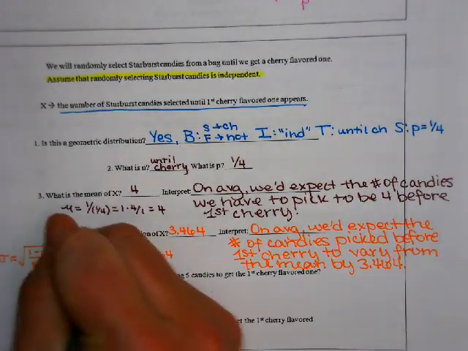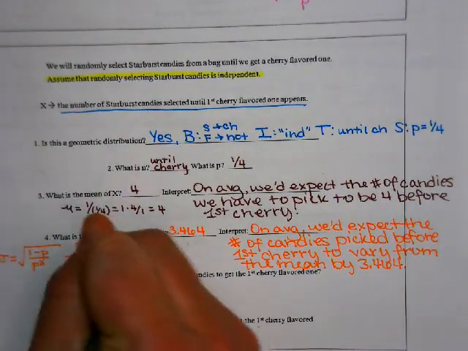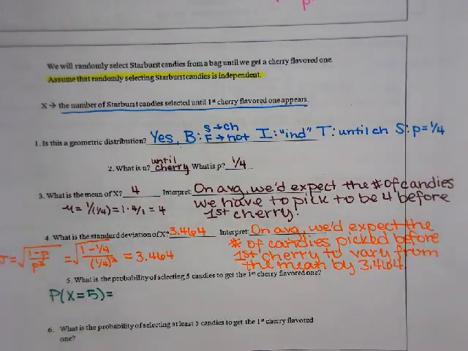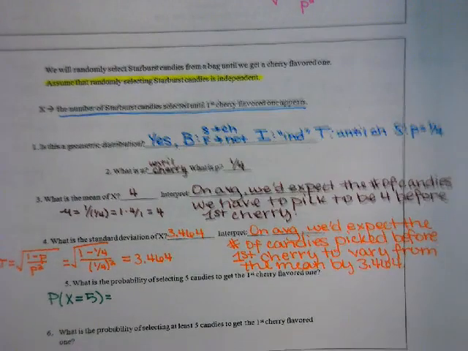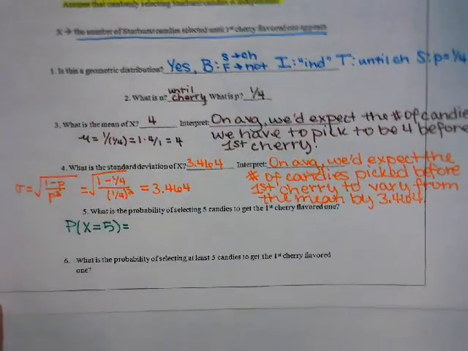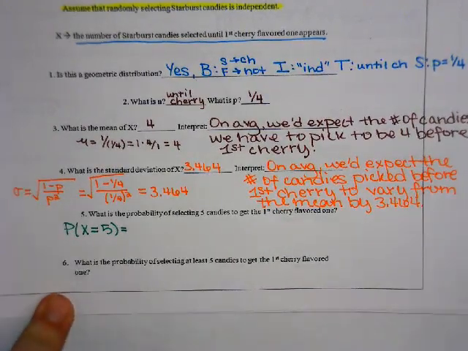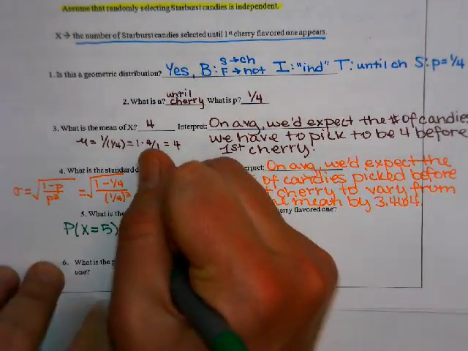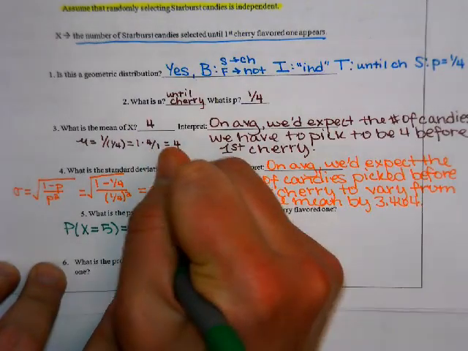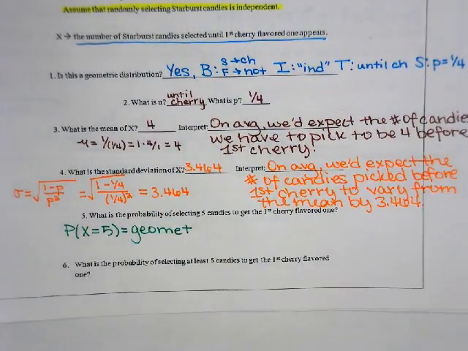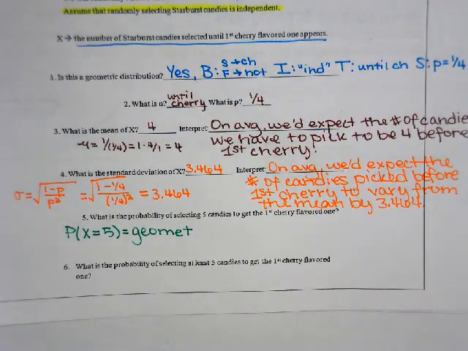All right, so it's a geometric variable. So we're going to have geometric instead of binomial. When it's exactly equal to a number, is that a PDF or a CDF? PDF. So we're going to do geometPDF.